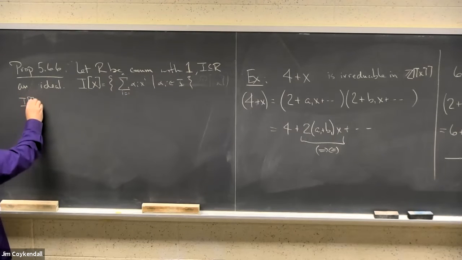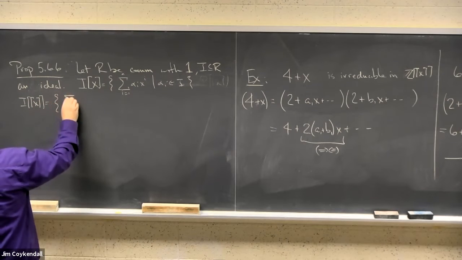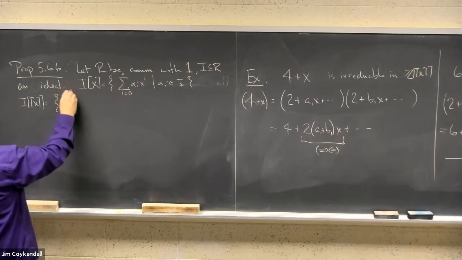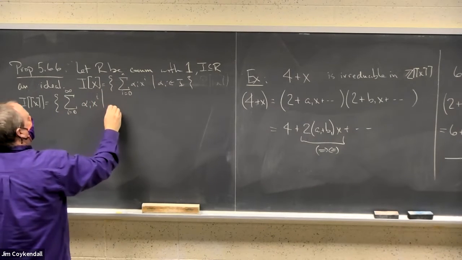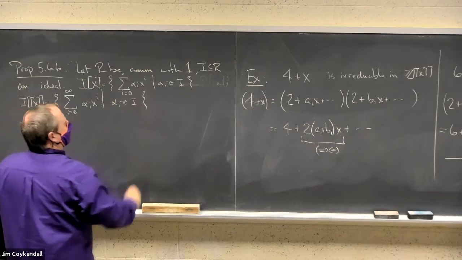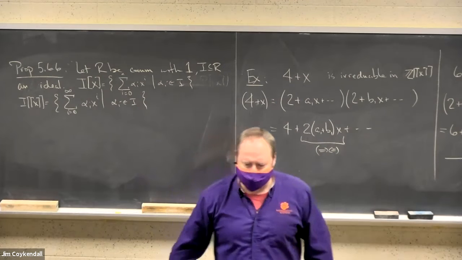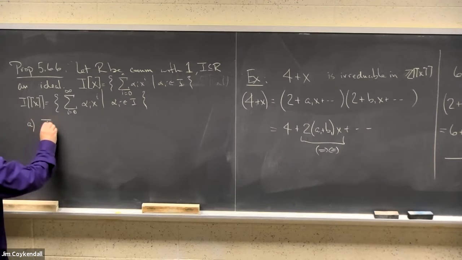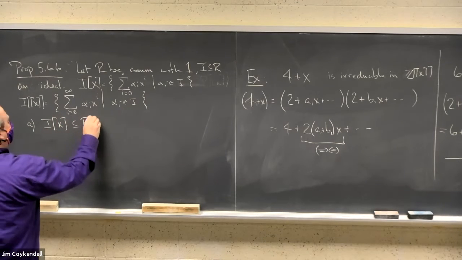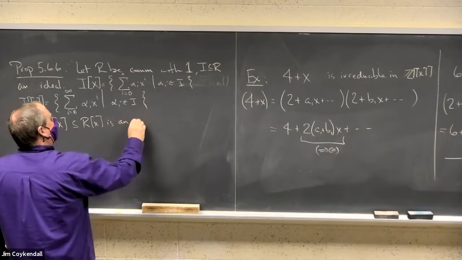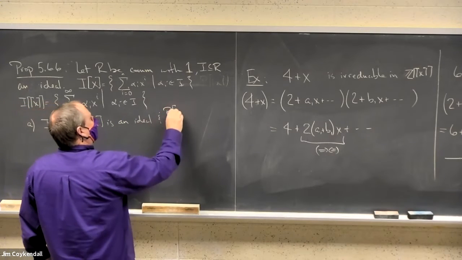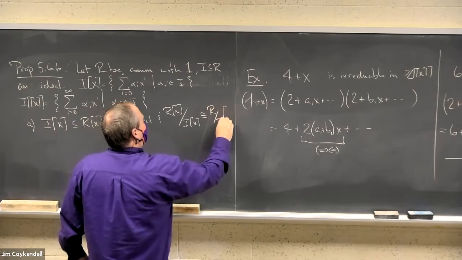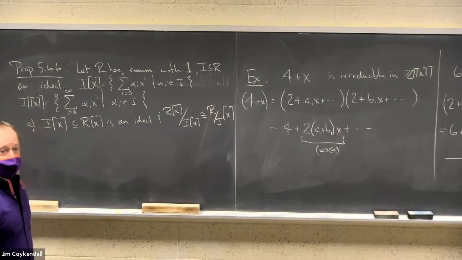And I[[x]] is sort of an analog: the sum from 0 to infinity of alpha_i x^i, with alpha_i in I. So this is all power series, all of whose coefficients are in I. I[x] is an ideal of R[x], and R[x] modulo I[x] is isomorphic to R mod I. That's convenient.